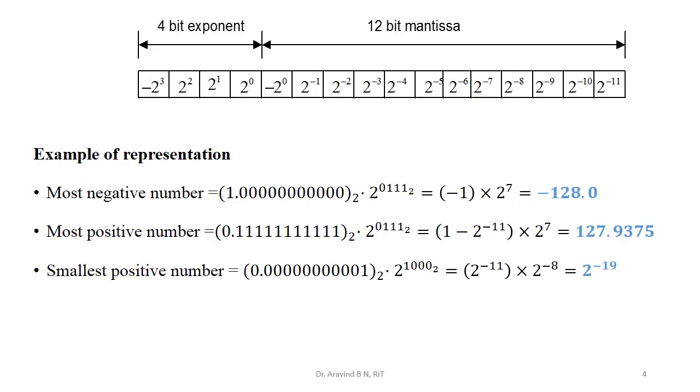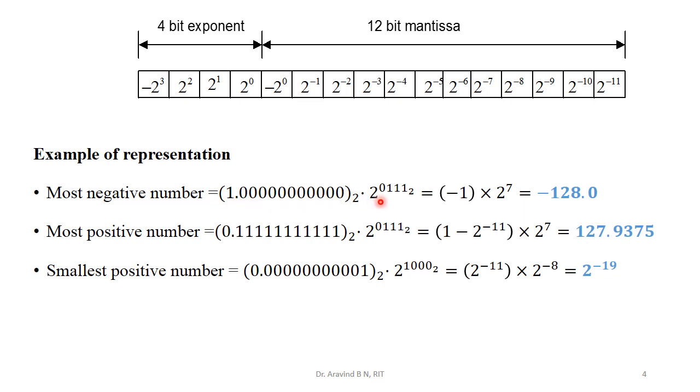Now let us understand the representation of a number using this floating point representation. Three different types of numbers are represented: most negative, most positive, and the smallest positive number. For the most negative number, this is the mantissa part and this is the exponent representation. In the mantissa part, this is the sign bit, that means -2^0, which is -1, and all other bits are equal to 0.